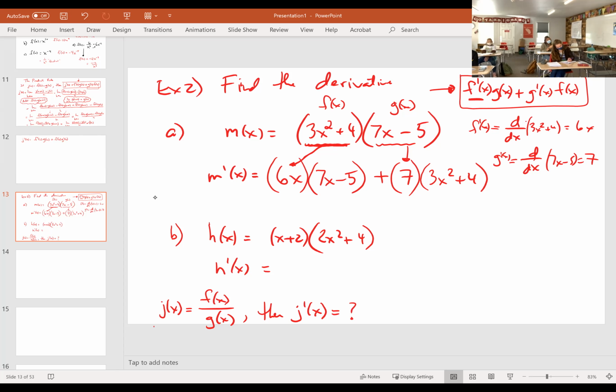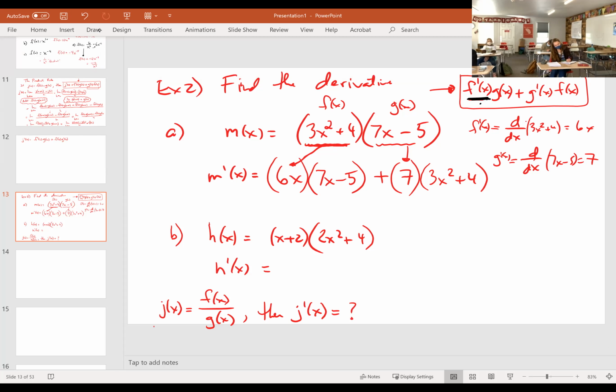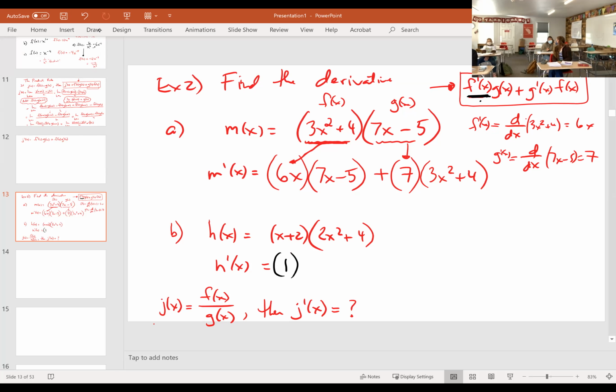Okay, let's go with it here. It's going to be the derivative of the first one, which is 0. Then x plus 2, so the derivative would just be a 1. It's the slope, technically.